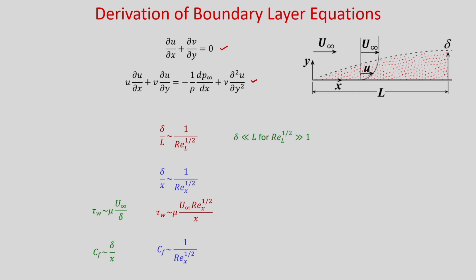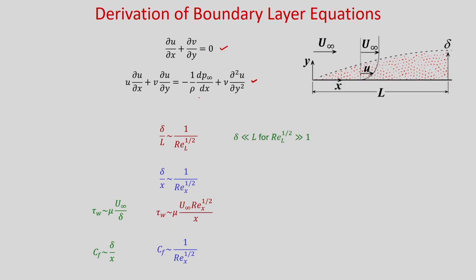As a special case, we have also discussed that if you have flow over a flat plate then u infinity is constant and there will be no axial pressure gradient. Okay. So, dP infinity by dx will be 0. So, this term you can drop for flow over a flat plate.